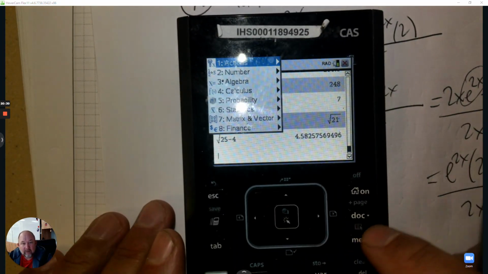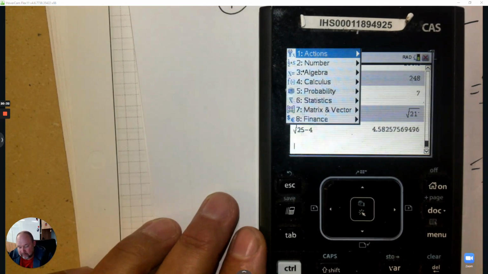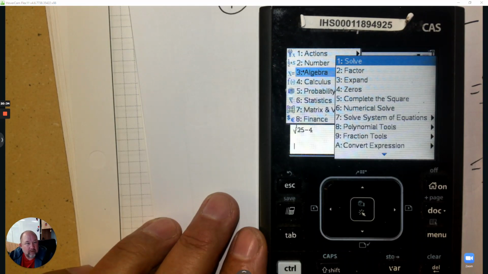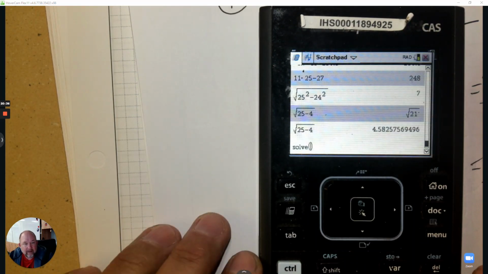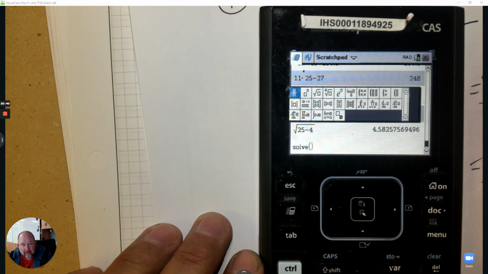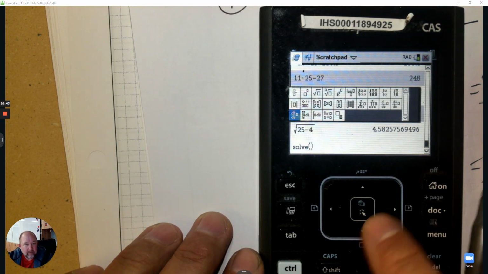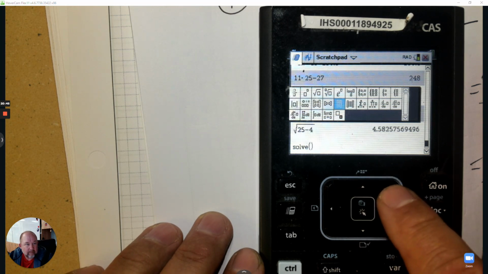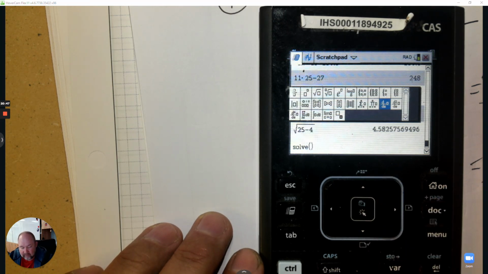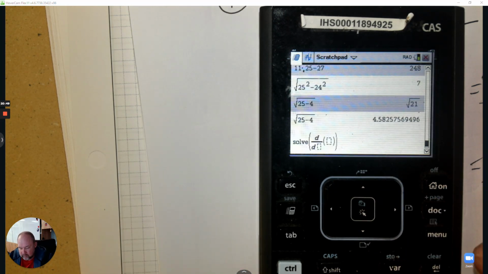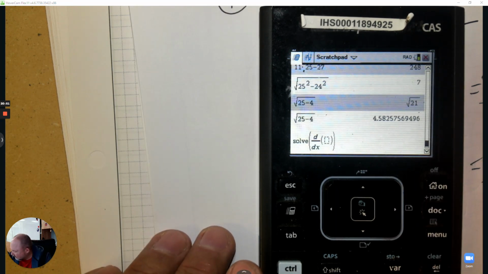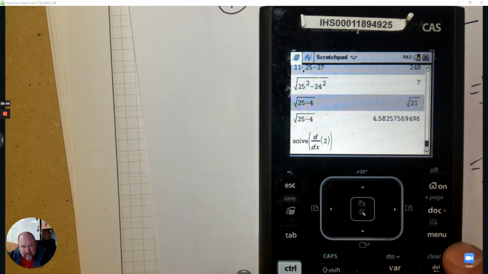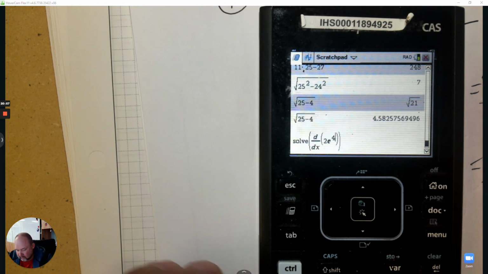So I know I'm taking the derivative equal to 3 and it's an equation. So menu, algebra, solve, and the equation. I'm going to do the derivative right there, that derivative 1. And what am I taking the derivative of? 2e, not the one on the bottom, but on the left, e to the 4x squared.